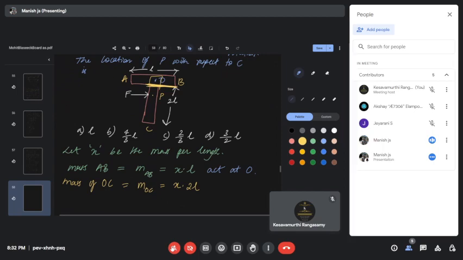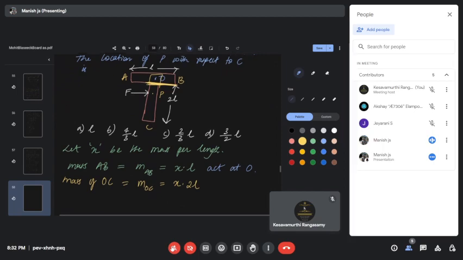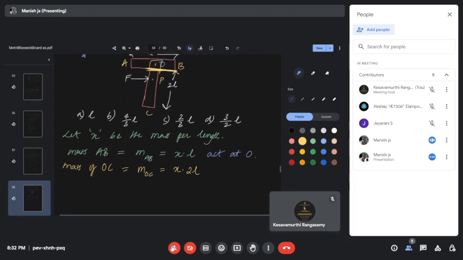Okay, so now here they have already told in the question that P is your center of mass. As P is center of mass and you have a force acting at P, therefore you can write that the center of mass at point P is going to be balanced by both O and the point below it.